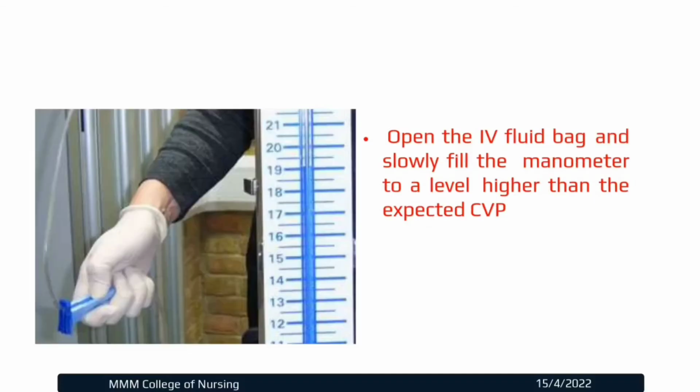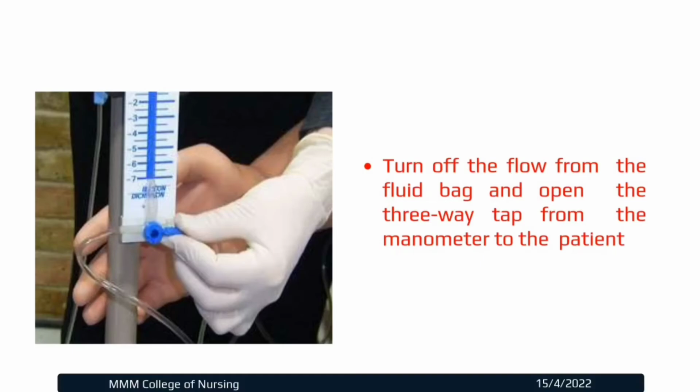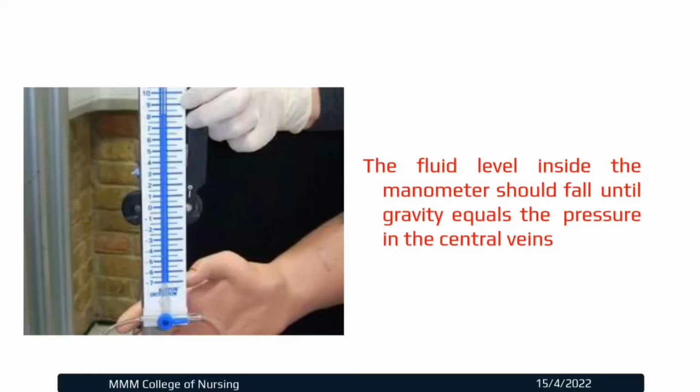Next, open the IV fluid bag and slowly fill the manometer to a level higher than the expected central venous pressure. After that, turn off the flow from the fluid bag and open the three-way tap from the manometer to the patient. Next we can see the fluid level inside the manometer should fall until the gravity equals the pressure in the central veins.